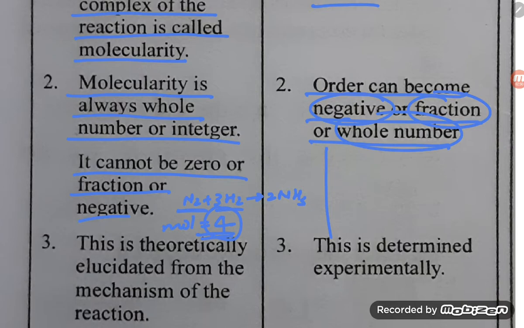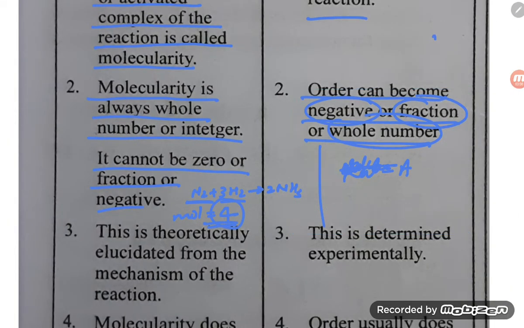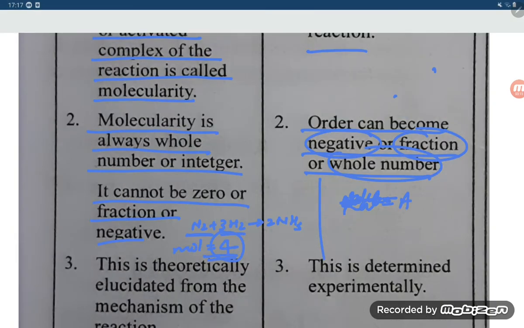Anything is possible for the order, student. Suppose I write the rate expression. Rate = k [A]^(3/2) [B]^1.